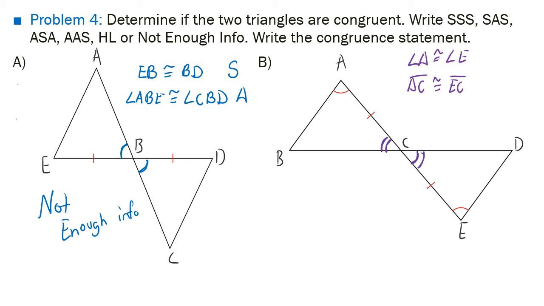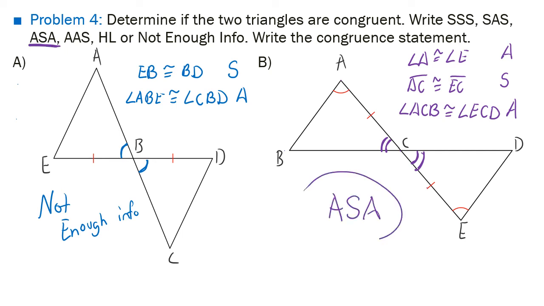These two angles right here are congruent. So angle ACB is congruent to angle ECD. So we have an angle, a side, and an angle, and that matches up with this theorem right here, angle, side, angle. So we've proven these two triangles are congruent by showing that they have an angle, side, and then an angle that corresponds in each triangle.